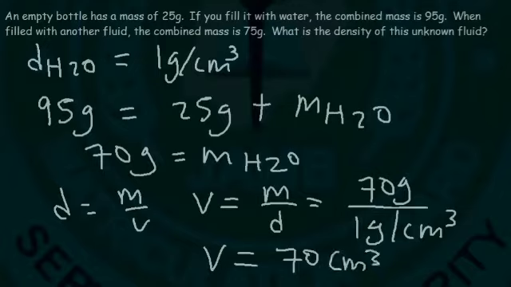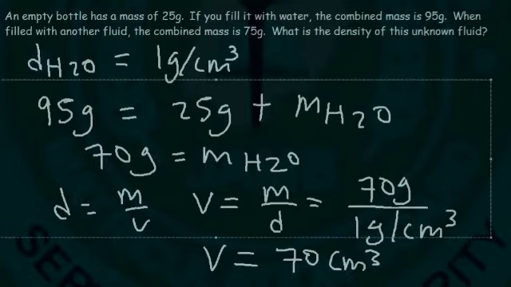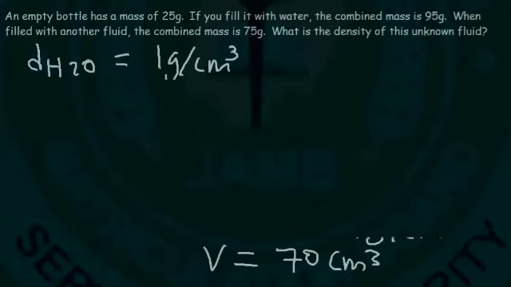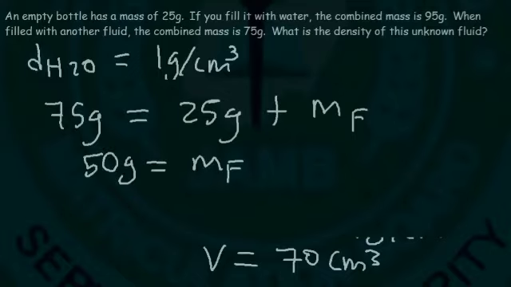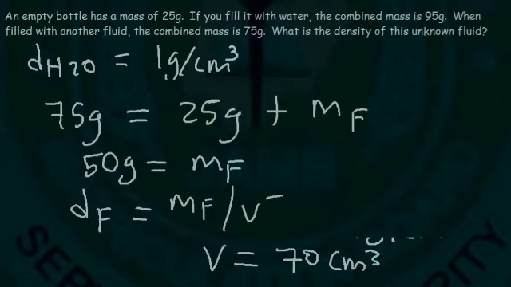Now that we have the volume of the bottle, let's calculate the density of the fluid. First, we have to find the mass of the fluid. The combined mass of the fluid and the bottle is 75 grams, and the mass of the bottle is 25. So the mass of the fluid is 75 minus 25, which is 50 grams. Therefore, the density of the fluid is the mass divided by the volume.